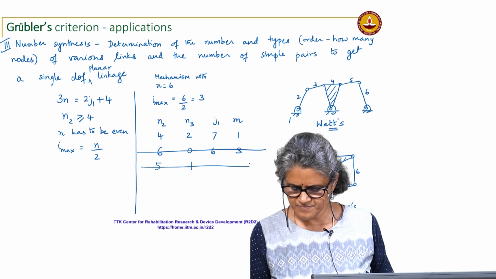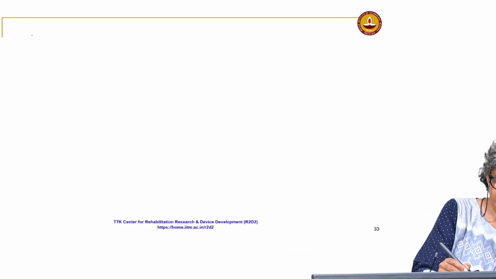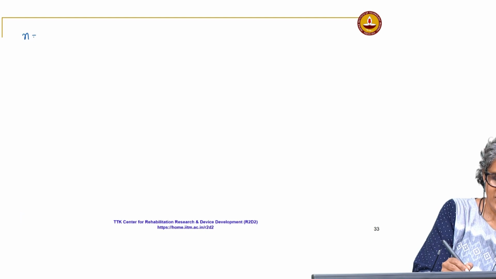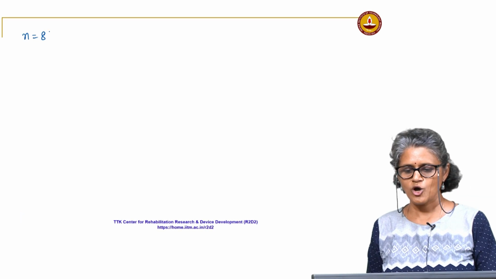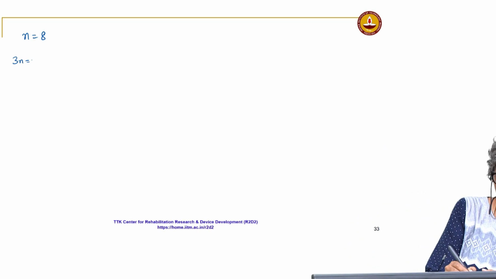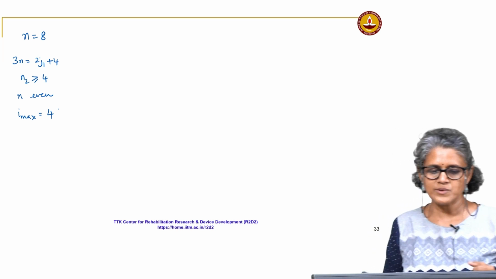Now, let us look at the next, n equal to 8. Let us do one more, see what options you get. So, again I max is here 4 for n equal to 8.